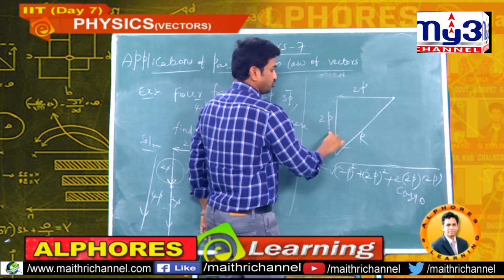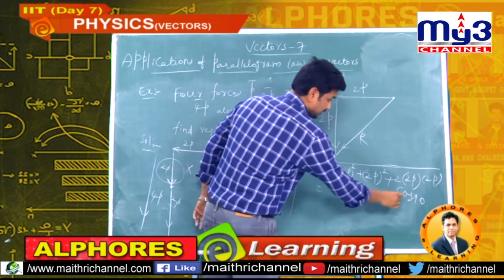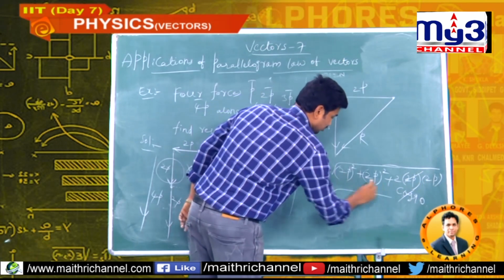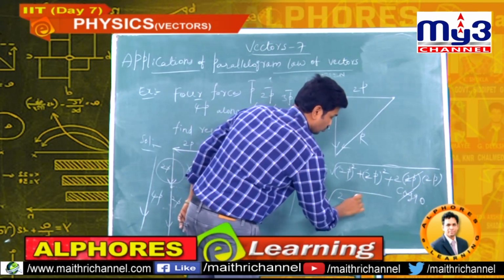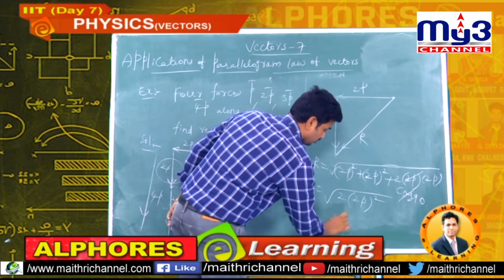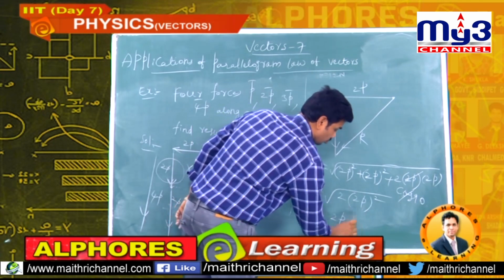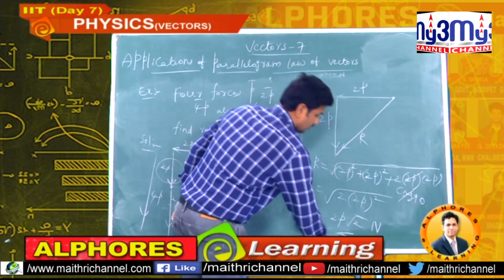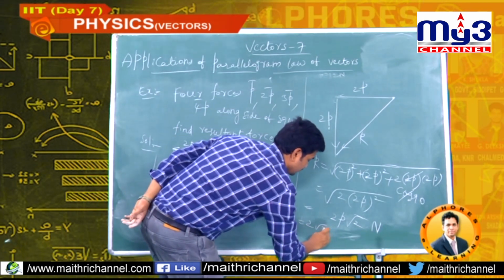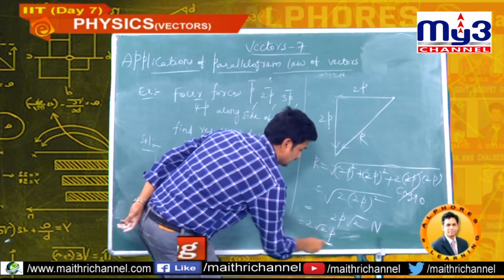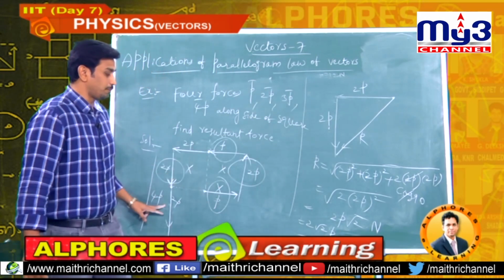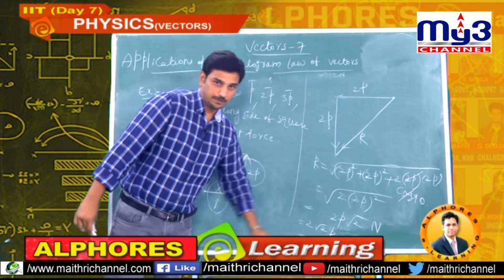Since the angle between these two vectors is 90, cos 90 is 0, gone. Now root of 2 into (2P) whole square. I take 2P out, remaining root 2. What is the answer? 2 root 2 P. The resultant of the 4 forces P, 2P, 3P, 4P is 2 root 2 P.